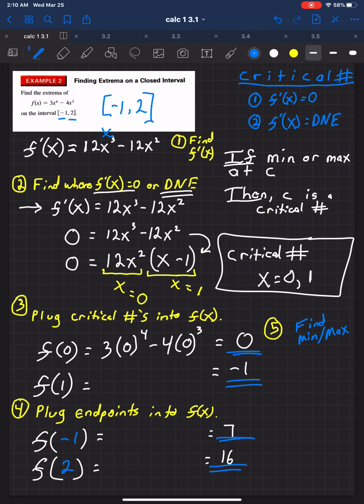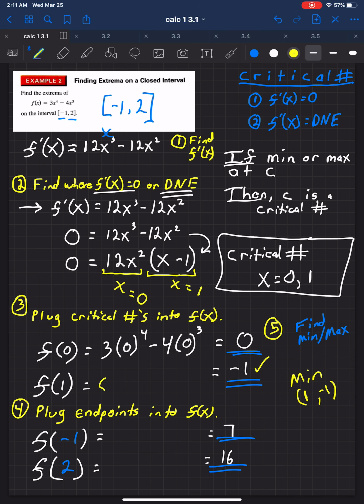Ready? Let's do it. Let's start with the minimum. There's a minimum at the point... -1 is the smallest y value, right? -1 is smaller than 0. It's smaller than 7. It's smaller than 16. So there's a minimum at (1, -1), right?